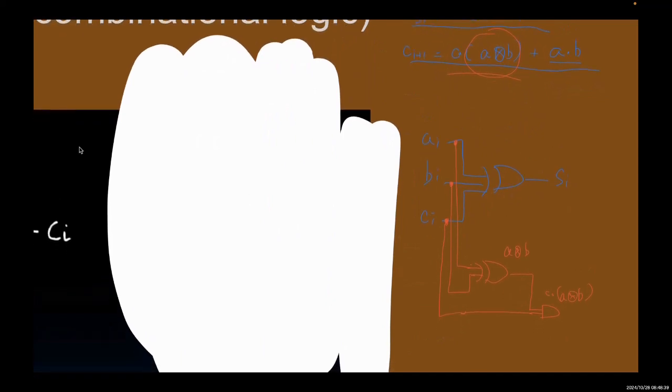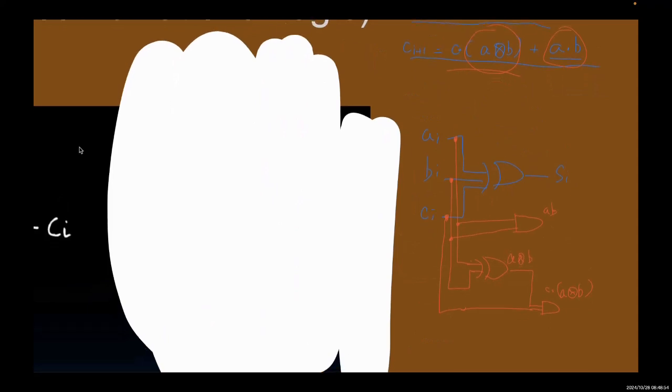And here's A and B. So we have A and B. This is A and B. And we want to put them into an OR gate, which is the OR here. And we output C_(i+1).